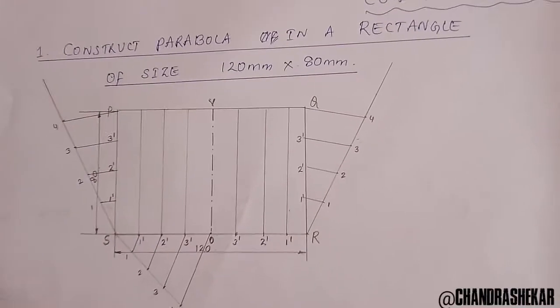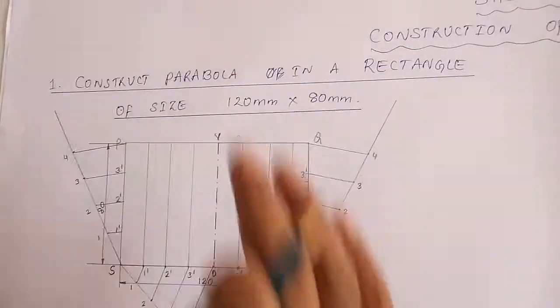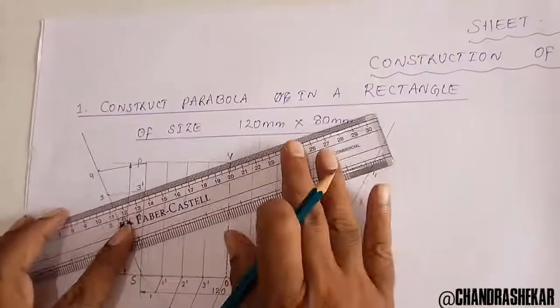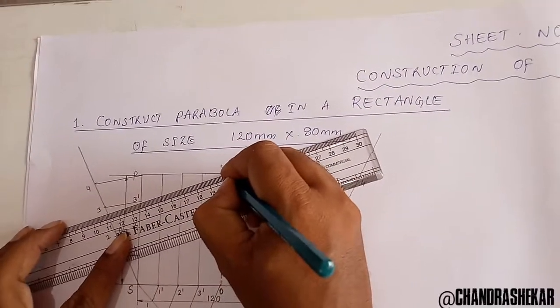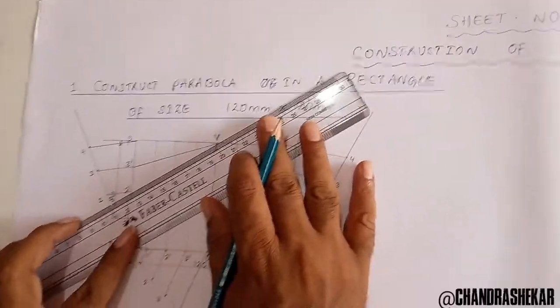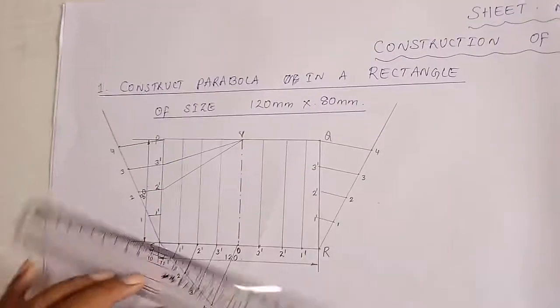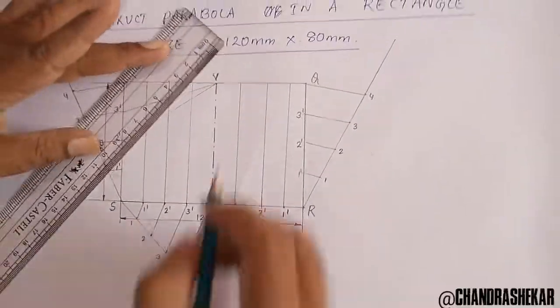Then what you have to do after drawing these vertical lines? After drawing all these vertical lines, join V to 3 dash. Join V to 2 dash. All these lines should be thin. Your parabola should be dark.